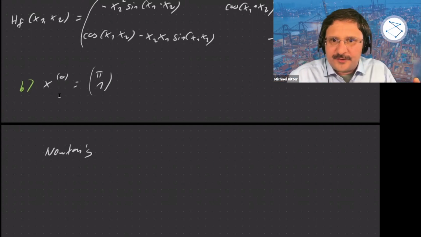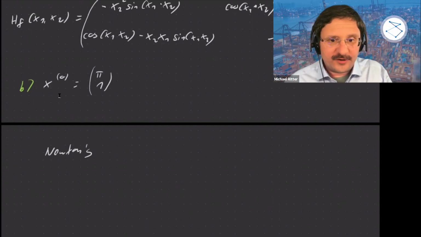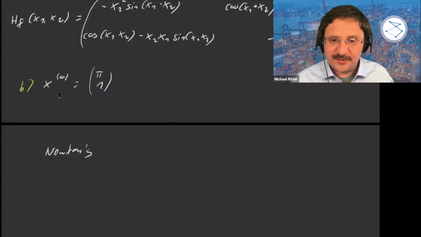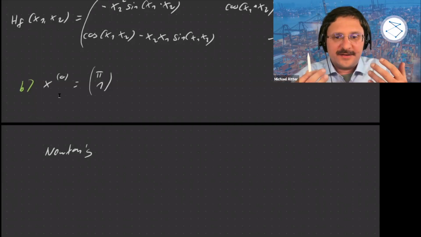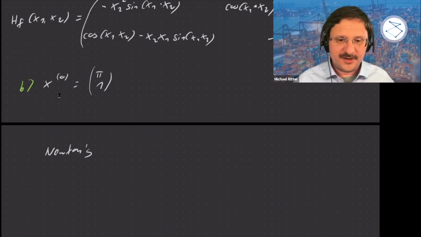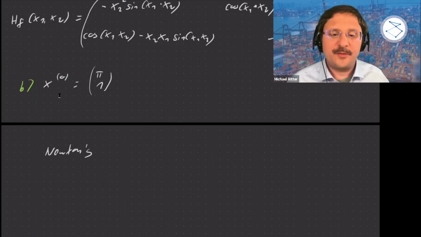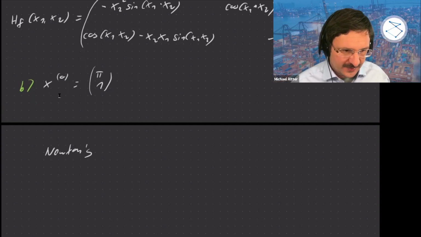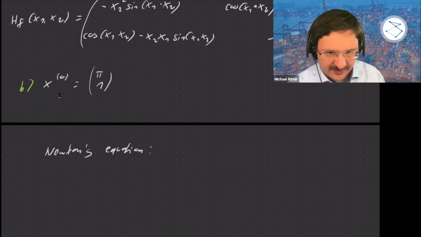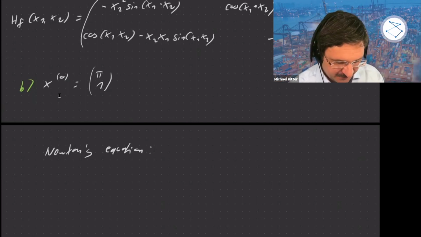The idea is to take that quadratic model, the Taylor approximation of degree 2, and minimize that. And of course, basically what you do is you obtain a stationary point. So you differentiate that Taylor approximation, you compute its gradient, and you're looking for a point that has a gradient of 0. That's the stationary point of the Taylor approximation. And if you do that, you obtain Newton's equation to get you a search direction, so to say.